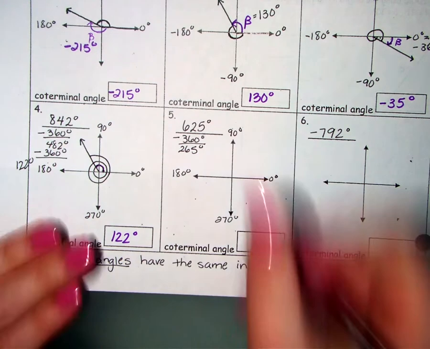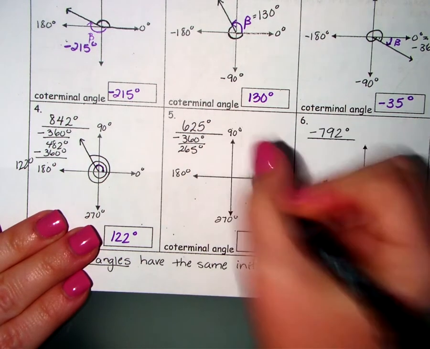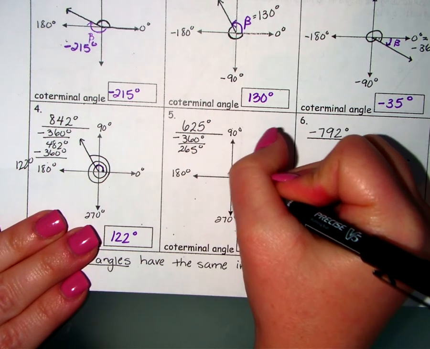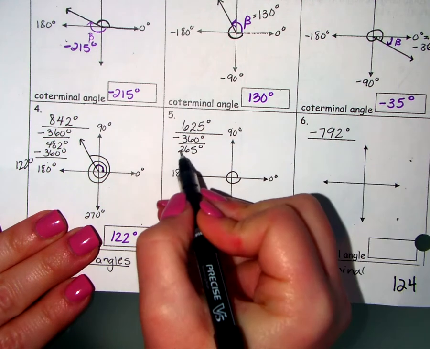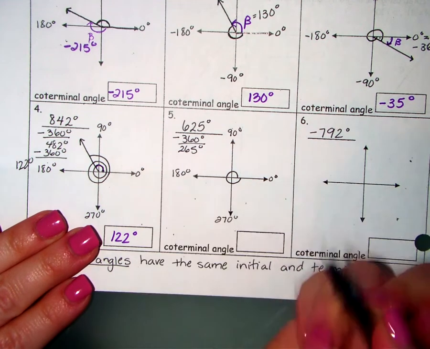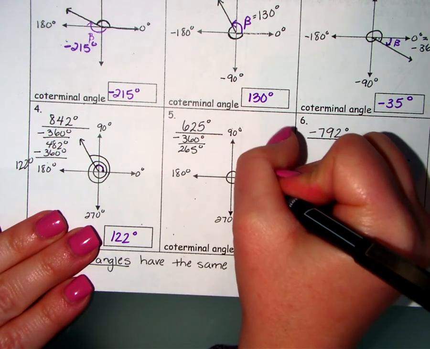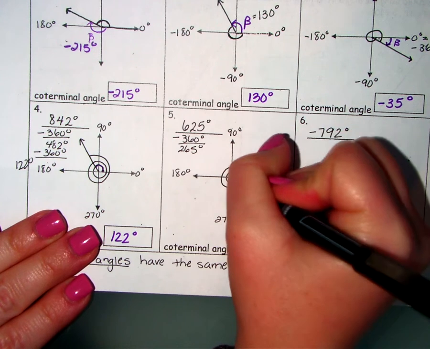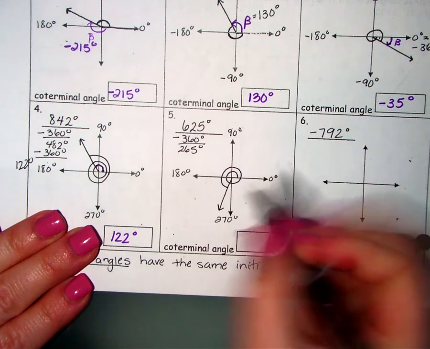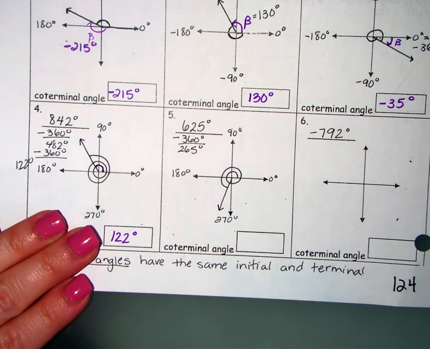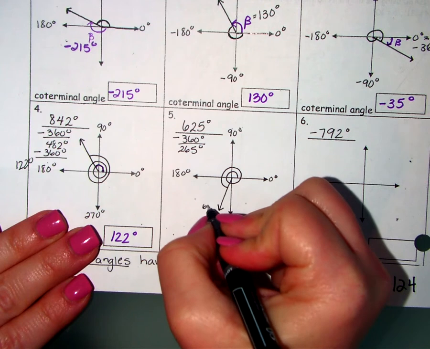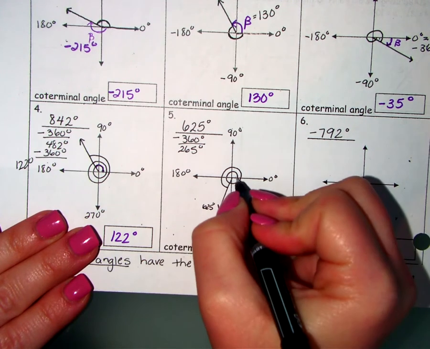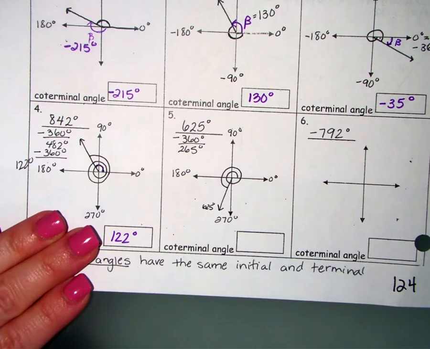And so what that means is the value 625, I had to go one full rotation, and then I need to continue on 265 more degrees, and that right there, more or less, is 625. So this is what it would look like for 625 degrees, to go a rotation and then a little bit extra.